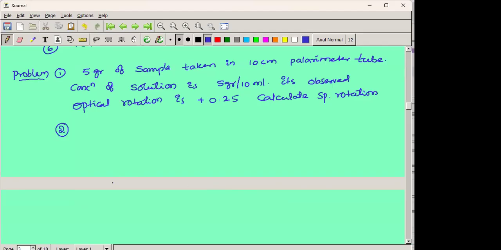And the second one, here I am going to take a cholesterol solution.